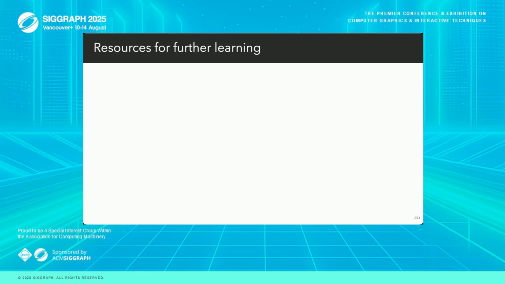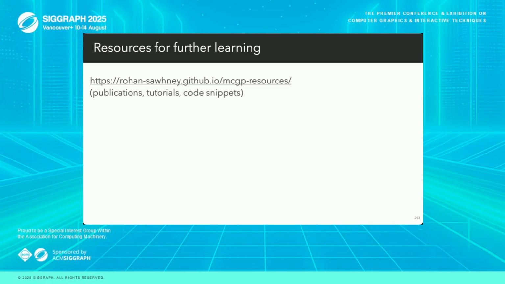Now, there are a lot of resources available online if you found this course interesting and if you want to dive in further. We maintain a web page with a list of publications, tutorials, and code snippets, and slides for this course, as well as the one weekend series will be made available here later this week. If you don't want to read multiple publications and prefer reading a single document, you can check out my PhD thesis.